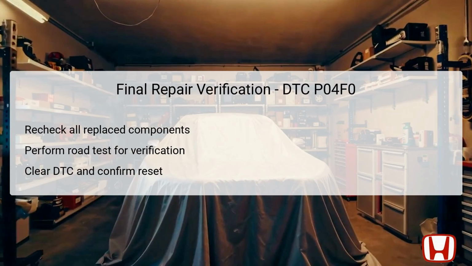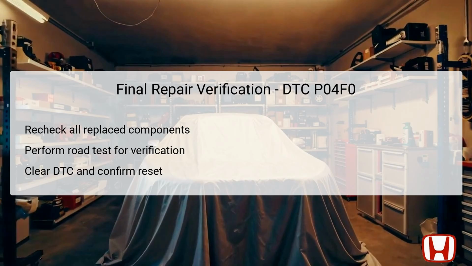This verification includes a thorough recheck of all components that were either replaced or repaired to ensure they meet the required specifications. Next, conduct a road test to evaluate the vehicle's performance under typical driving conditions and to observe if the check engine light remains off.